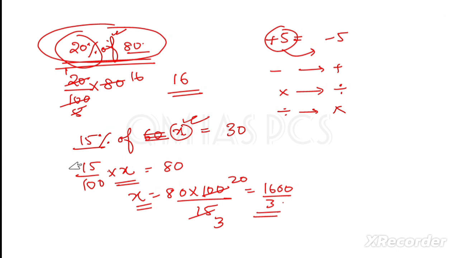This is a very basic thing. That's why here 100 is in division form, so I multiplied when it changed position. 15 is in multiplication form, so we divide when it changes position. Keep these things in mind. Next, we have to understand what is ratio.